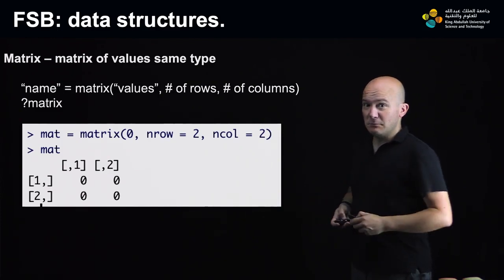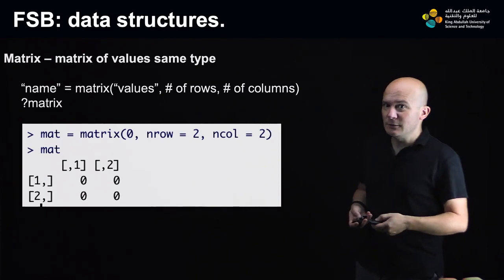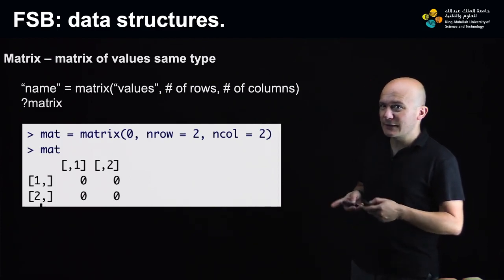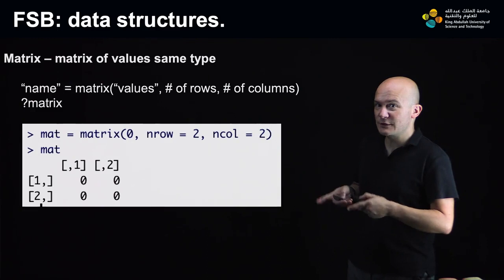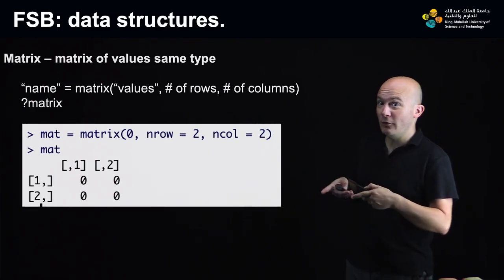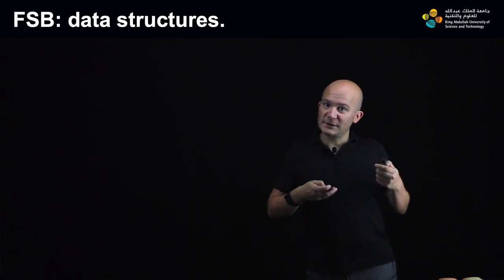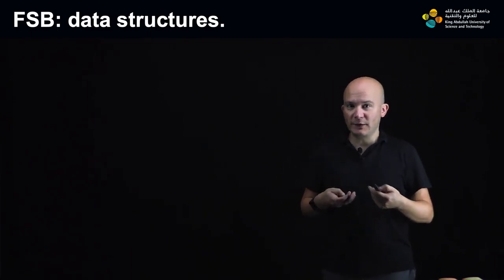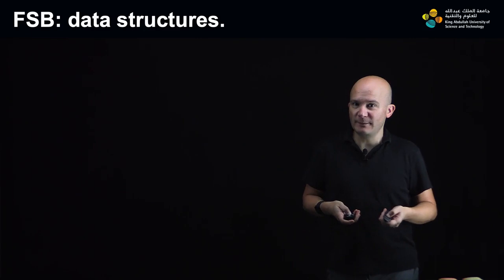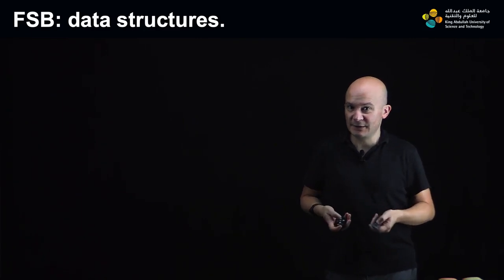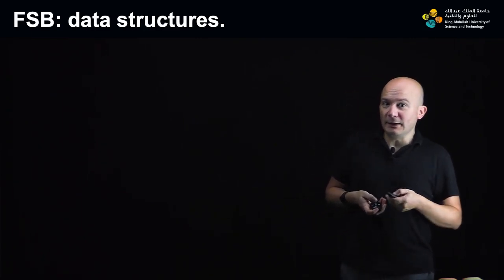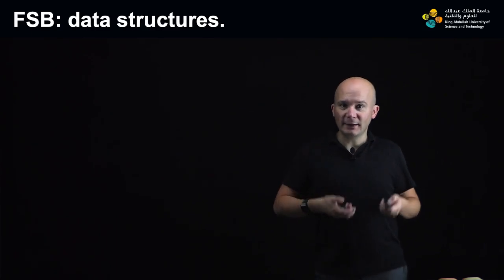While matrices are very useful, similar to vectors, they require all values stored to be of the same type. In order to have structures that allow for different data types, also similar to what happens in spreadsheets, we will need a different data type.